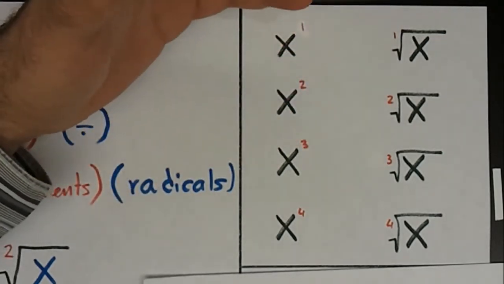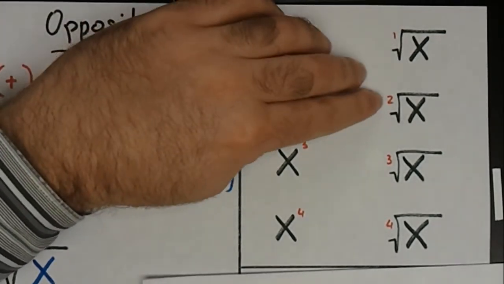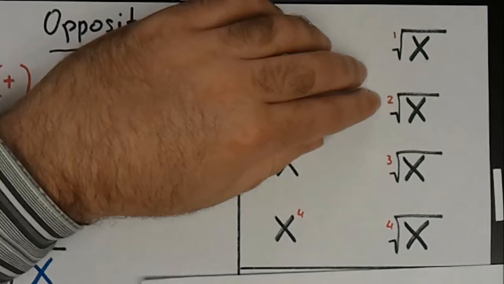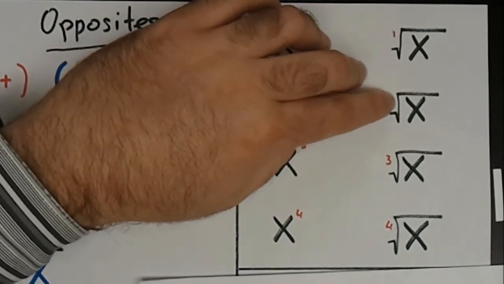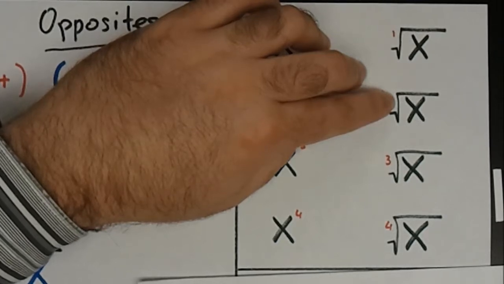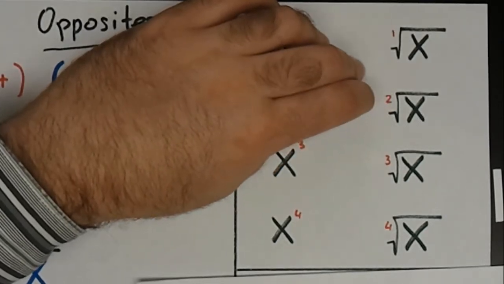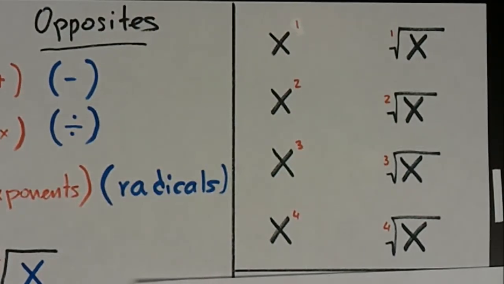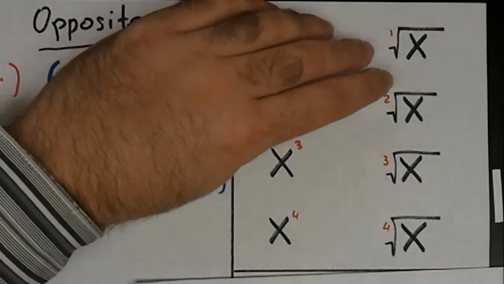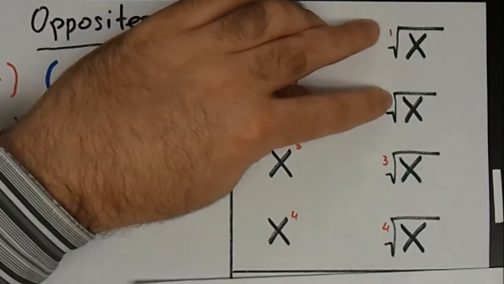So the smallest radical we'll ever write is the one to the power of 2. And most books don't even write the 2. It's assumed that a radical without anything has a power of 2. It gets kind of confusing. I personally don't like it, but you'll see this in your math book. So if you see a radical with nothing, it's actually not 1.